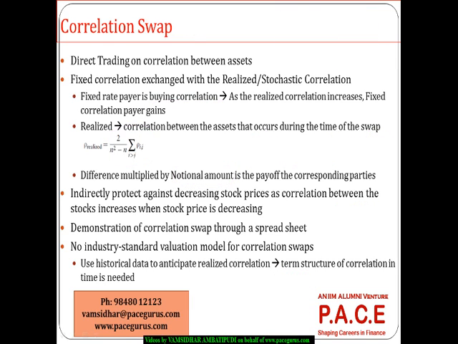Logically speaking, a very interesting statement here: this correlation swap is actually protecting against decreasing stock prices. If we see correlation is high, when can the correlation be increasing? We have discussed that in a normal market, any pair that was having a lesser correlation, when the markets are typically falling, the correlation between them is going to increase.